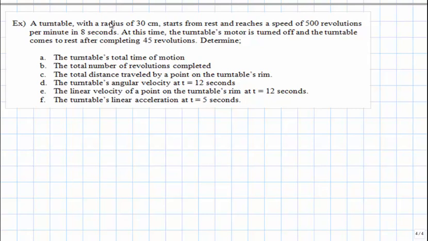Let's begin by identifying the known quantities. First of all, the radius is given as 30 centimeters, which needs to be converted to meters. Therefore, the radius equals 0.3 meters.